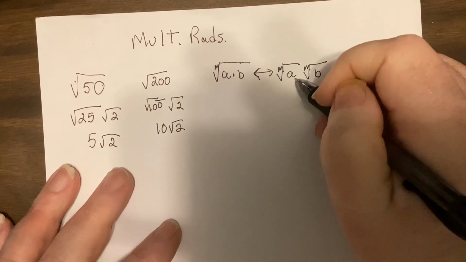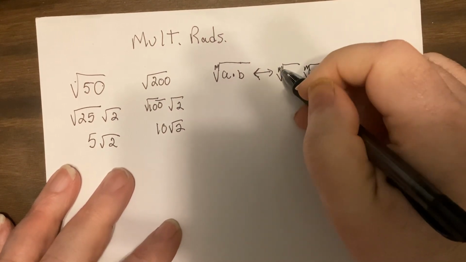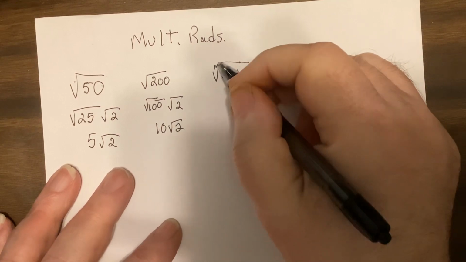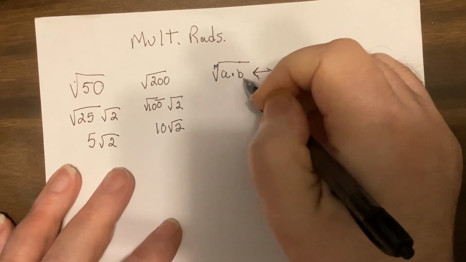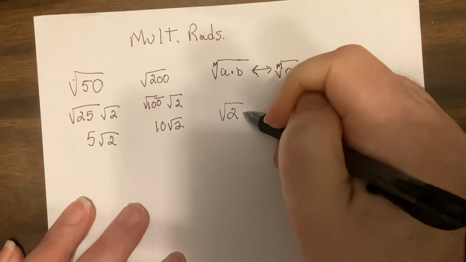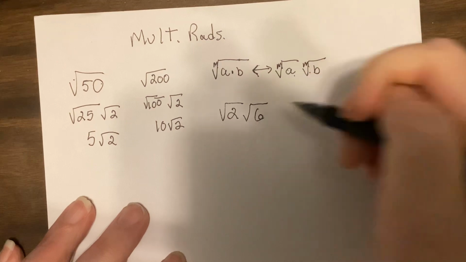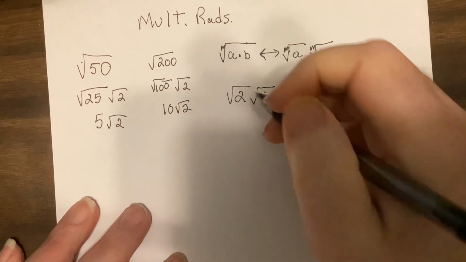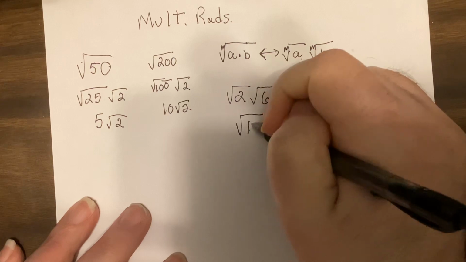If I have a product of radicals, same index, I can combine that to one radical of that index of the product. So if I have square root of 2 times square root of 6, I actually can combine that to the square root of 12.